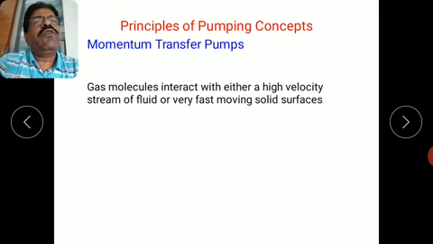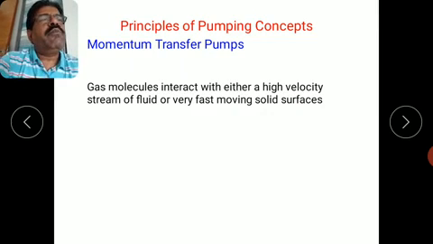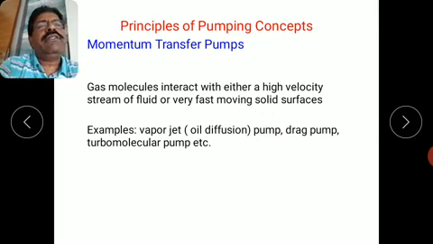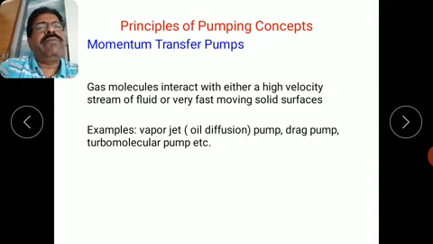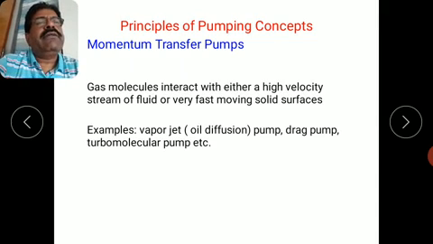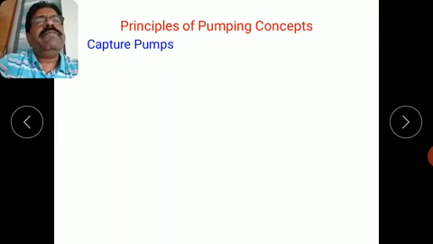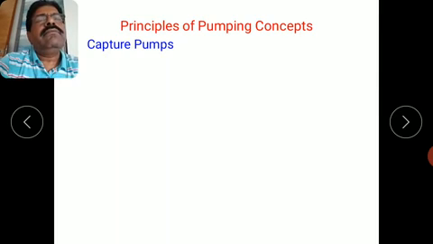So this is the basic principle of momentum transfer pumps. Some examples of this type of vacuum pumps are vapor jet, that is oil diffusion pump, drag pump, turbomolecular pump.